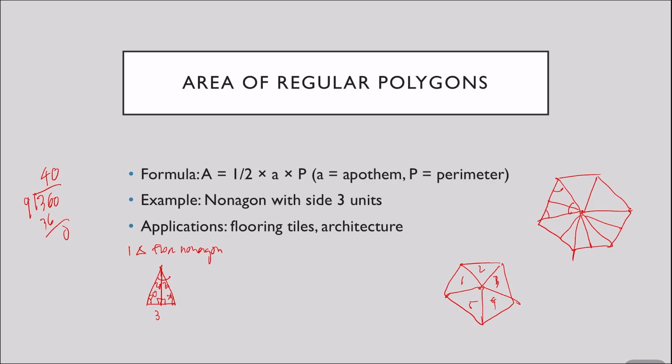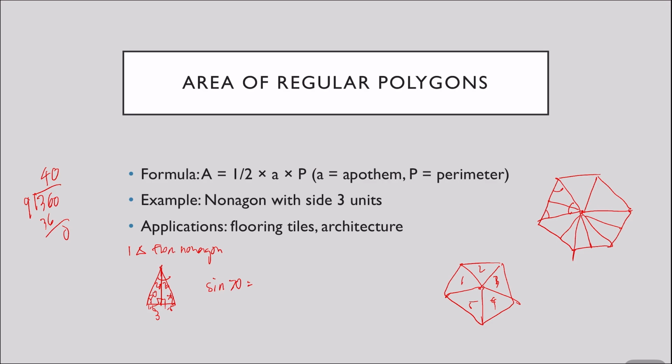How do you solve for the apothem? Okay, dahil alam mo tong base na to sa ilalim, 3. So, mahati yan sa 1.5, 1.5. Kasi ang apothem is the length from the center to the side, hahatiin yan yung side sa dalawa. Kumbaga sa midpoint na tama. Okay, so 1.5.